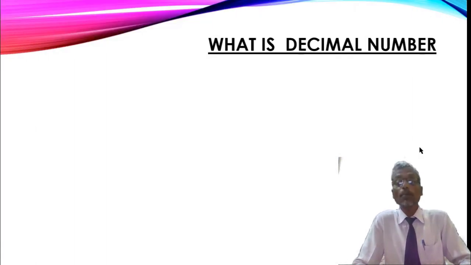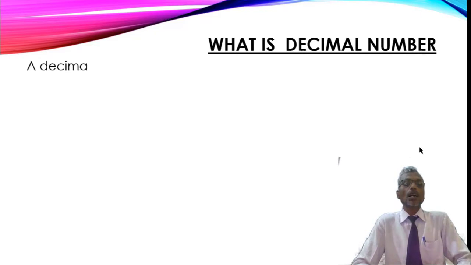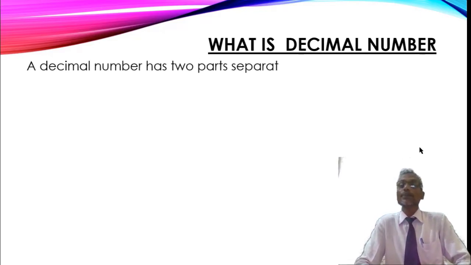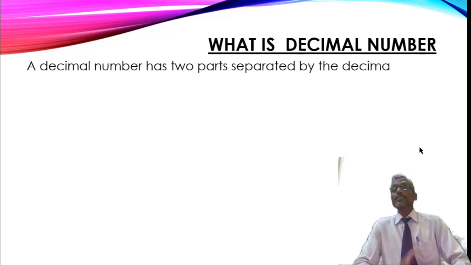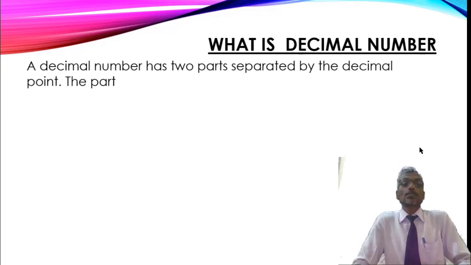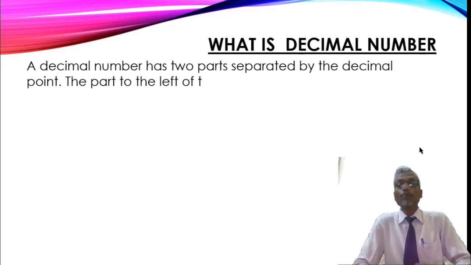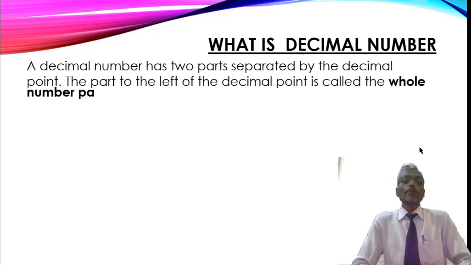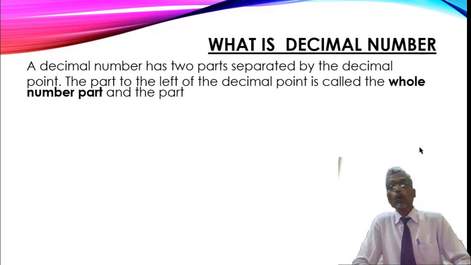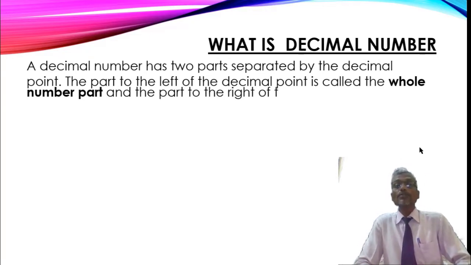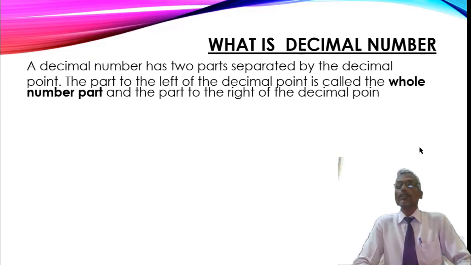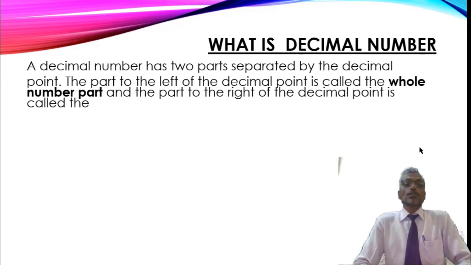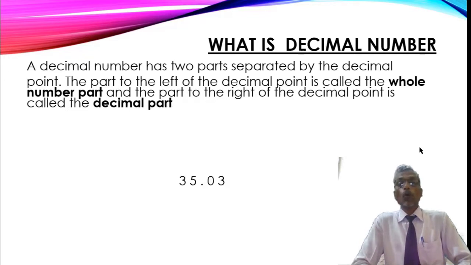Now, what is a decimal number? A decimal number has two parts separated by the decimal point. The part to the left of the decimal point is called the whole number part, and the part to the right of the decimal point is called the decimal part.